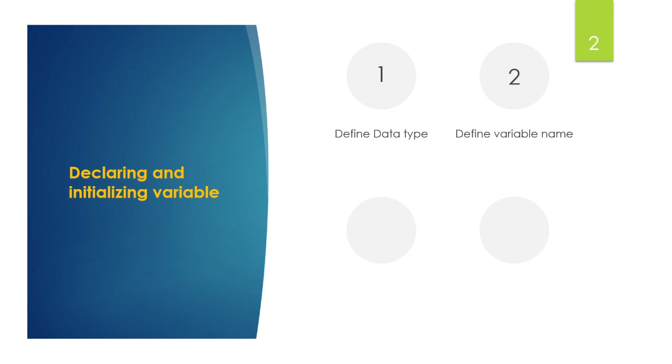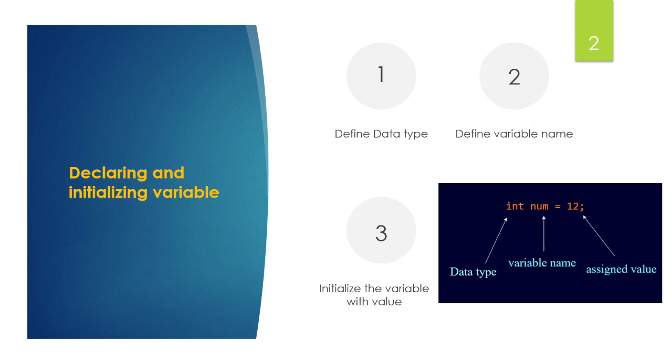We can choose any name, but in general, it is good practice to choose short, self-descriptive variable names. After this, we can use the equality operator to assign a value to our variable. As we see in the example, there is an integer declared that is called num, which is assigned the numeric value 12.